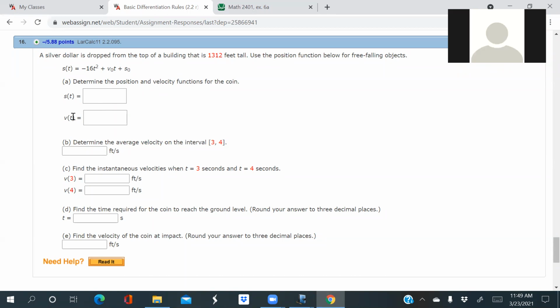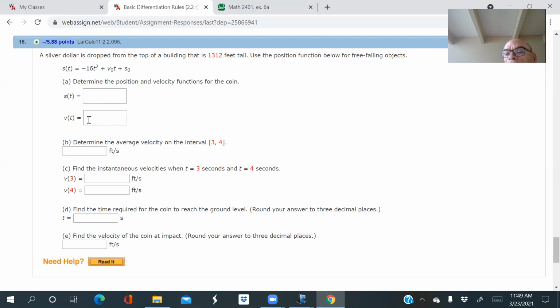The speed of how far it's dropping. Yeah, how fast it's dropping. They want a function, a formula that will give you the speed, or a formula that will give you the derivative. What function would that be in calculus? What function would that be?